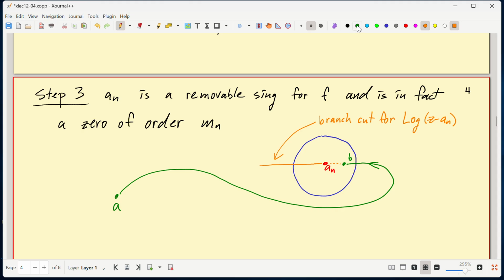And so let's see, this is gamma from A to B, and this is going to be the line that goes from B to z.